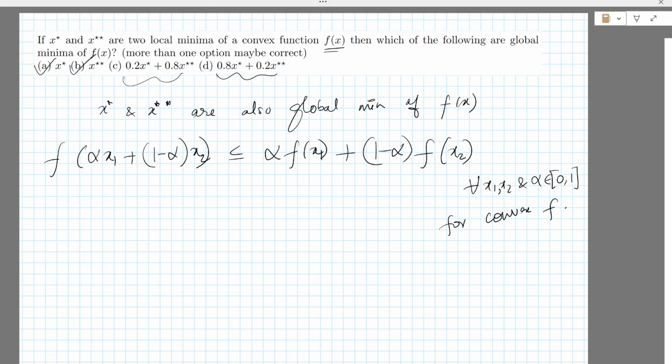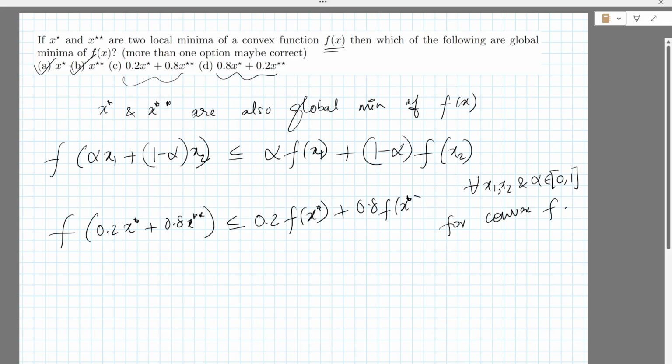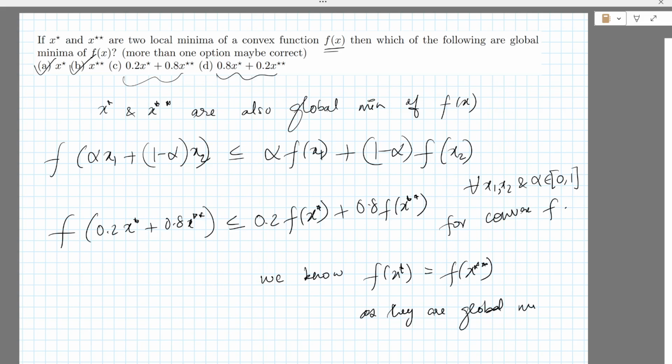So if I put 0.2, 0.8, what I'll get is f of 0.2 x star plus 0.8 x double star is less than or equal to 0.2 f of x star plus 0.8 f of x double star, and we know f of x star is equal to f of x double star as they are global minima.